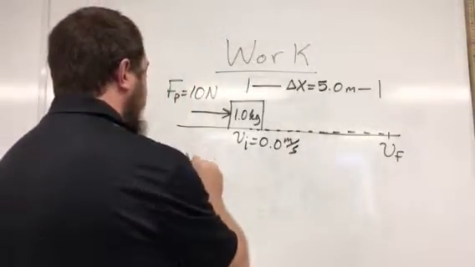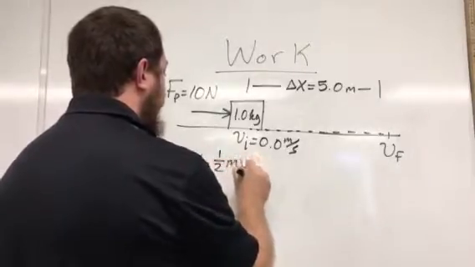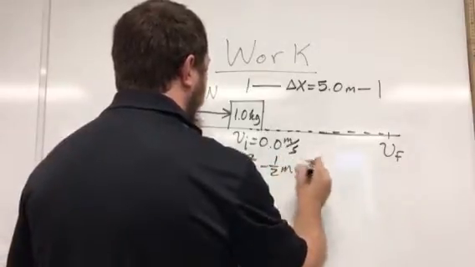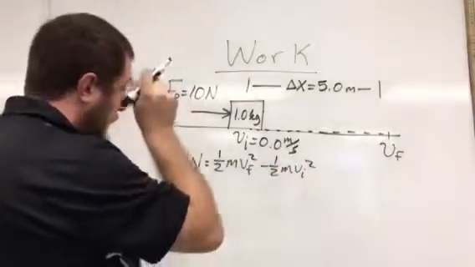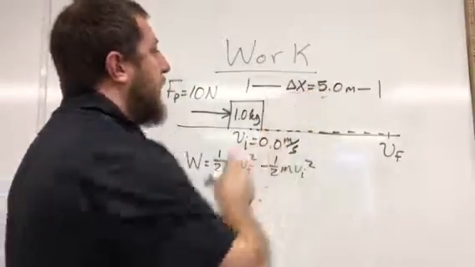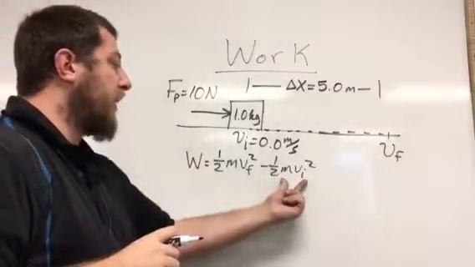So the work energy theorem says that 1/2 m vf squared minus 1/2 m vi squared is equal to the work. And because I know the force and I know my displacement, I can calculate the work, and I know what my initial velocity is.